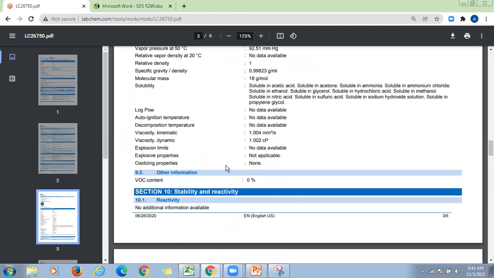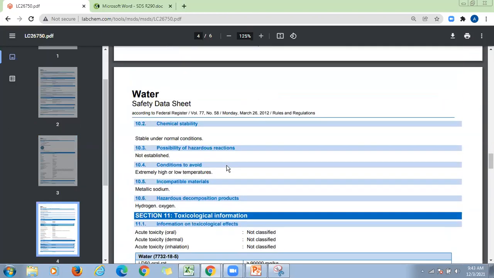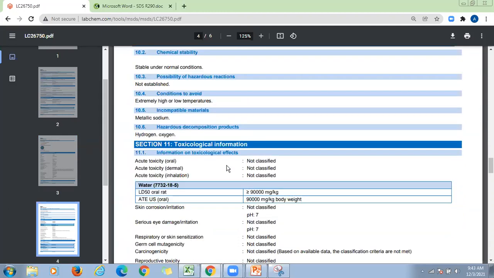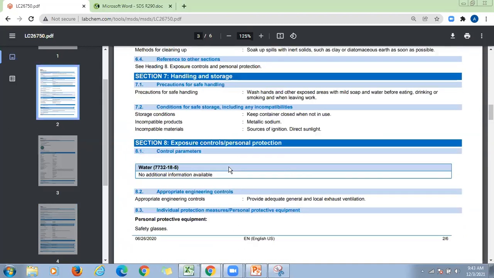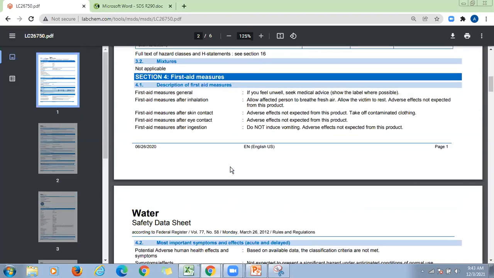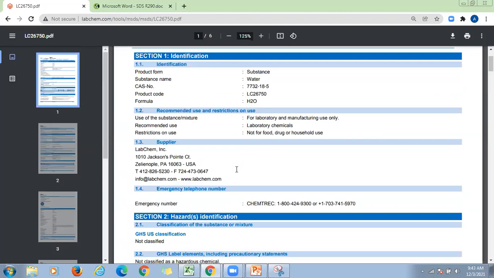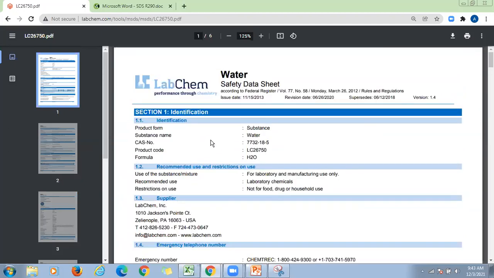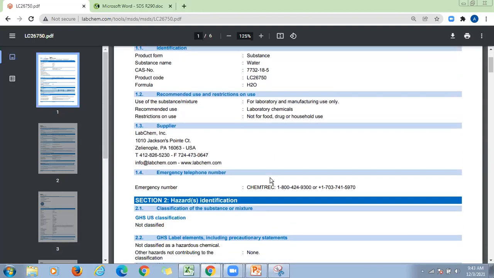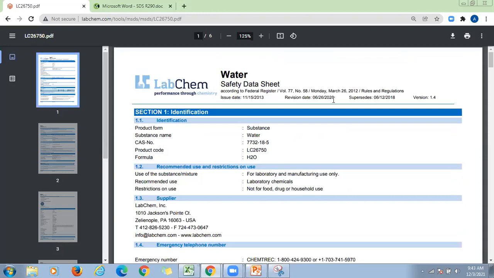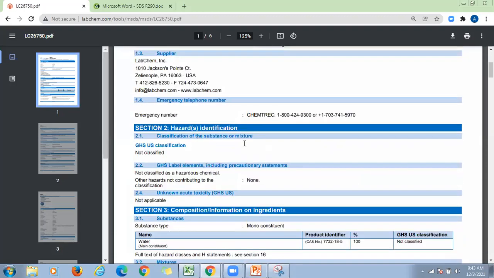We know water, we drink water, but when it comes to technological application, water is just another material, and even water-related accidents are possible. So it is very important to have a sense of this as well. Even for water, there are safety data sheets. Very interesting.